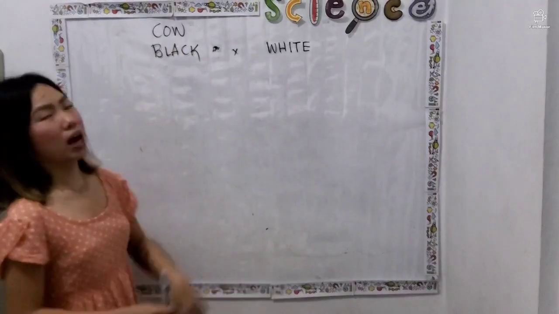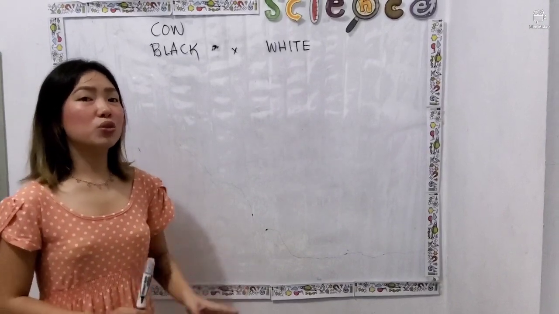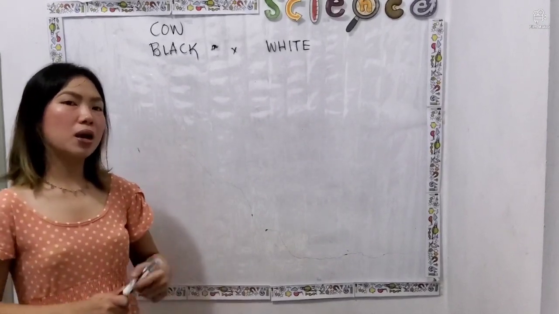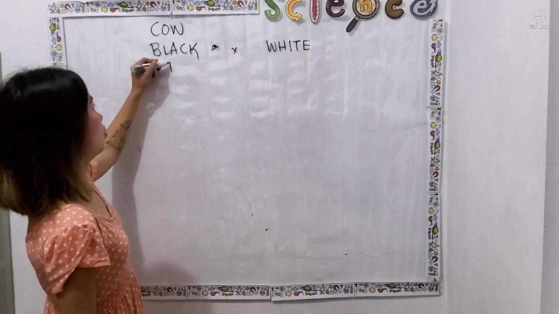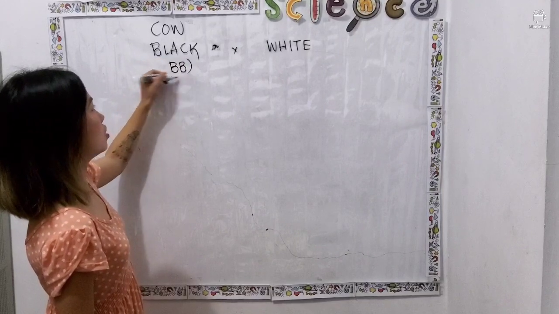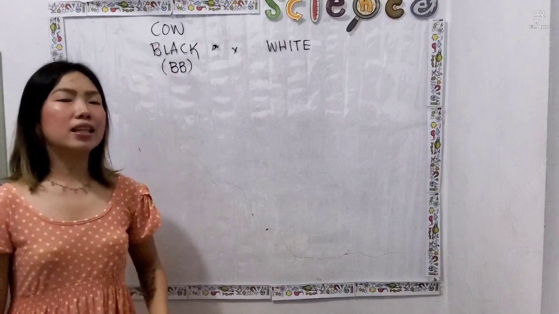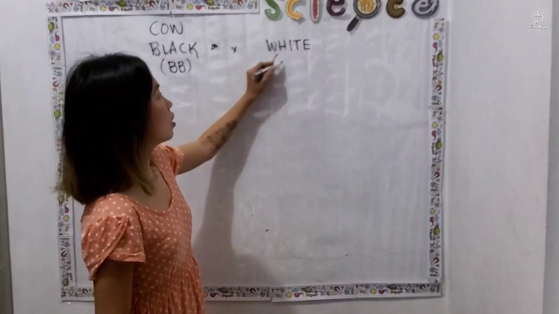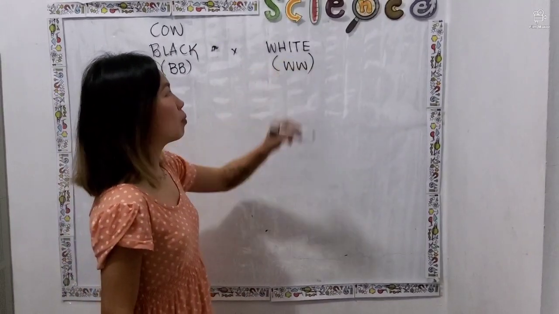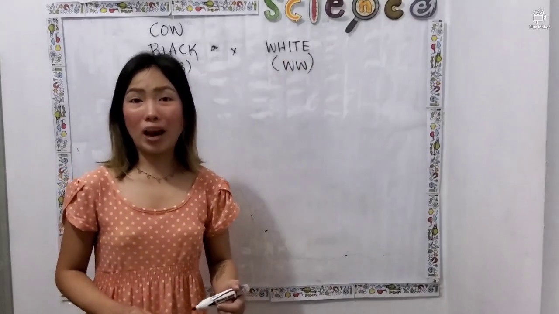So, kung meron akong black, I will use a genotype of BB for the black cow. So, this is the genotype of the black. Then, I will use WW for the genotype of the white cow.